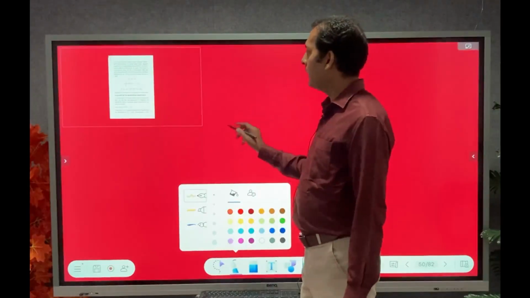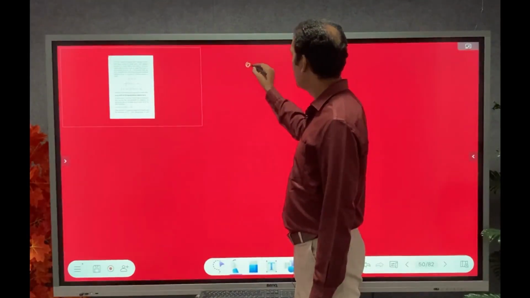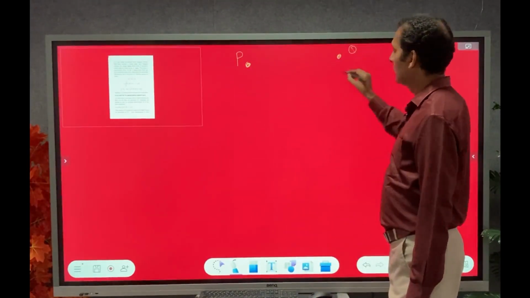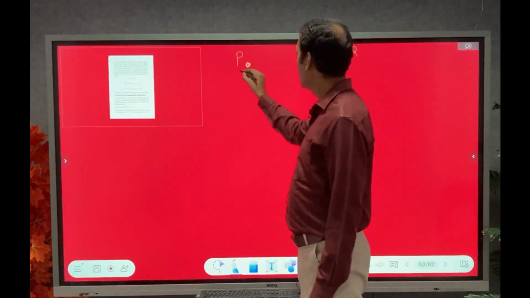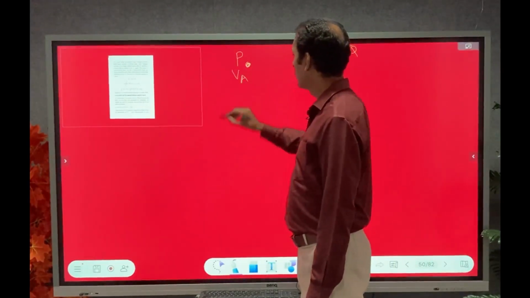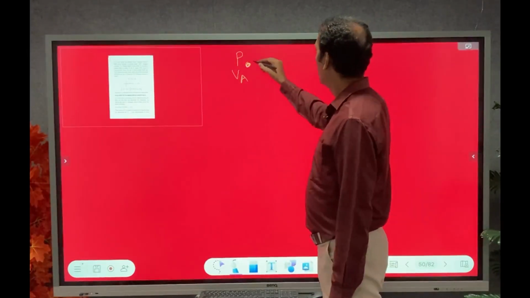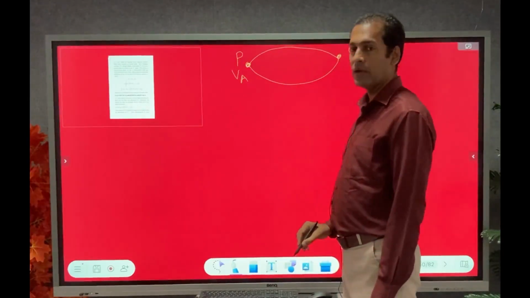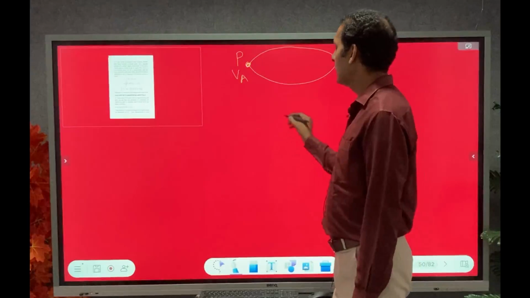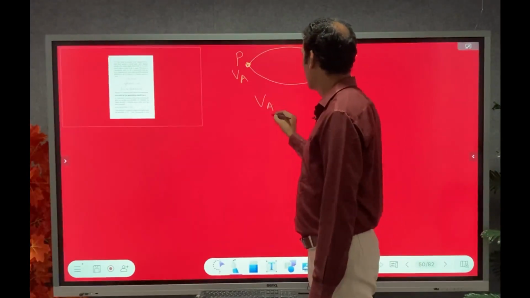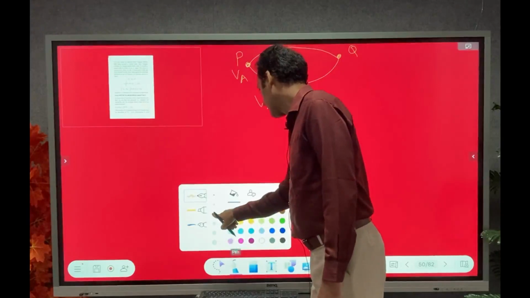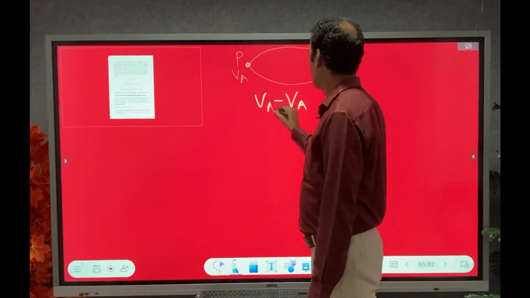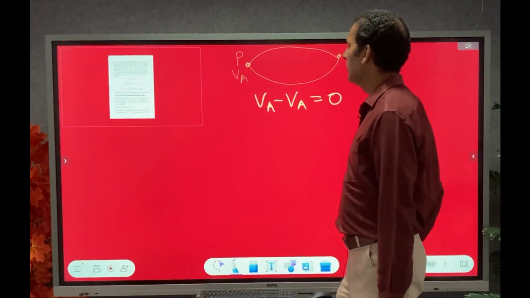Okay, now we consider that we have some point P and another point Q. There are 2 points. Now if we consider there is some voltage VA and we make a closed path and come back to the same point, then what we can say, the VA minus VA is nothing but 0.